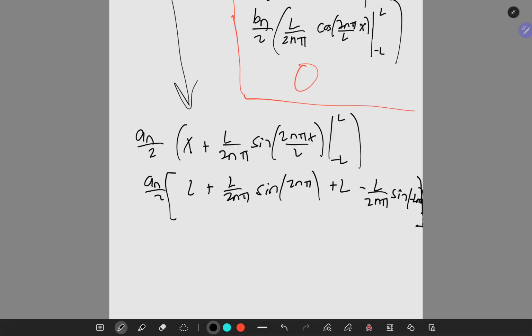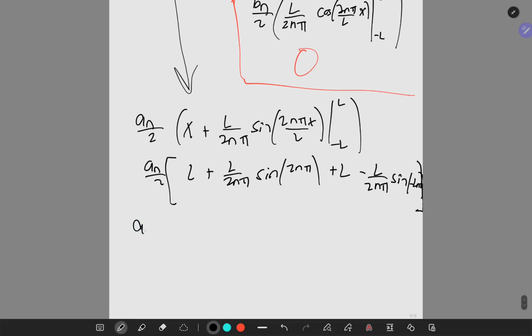So that would simplify it to this, but I don't really have to worry about it, because for any value of n, 1, 2, 3, and so on, sine of pi is 0, sine of 2 pi is 0, if you plug in 2, sine of 4 pi is 0, plug in 3, sine of 6 pi is 0, so it's not going to matter.